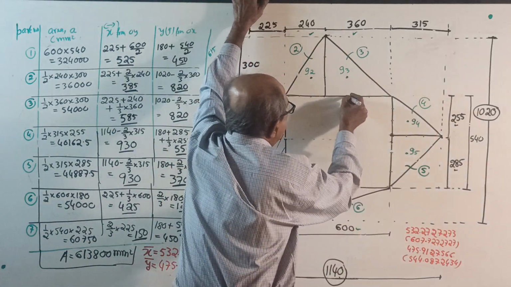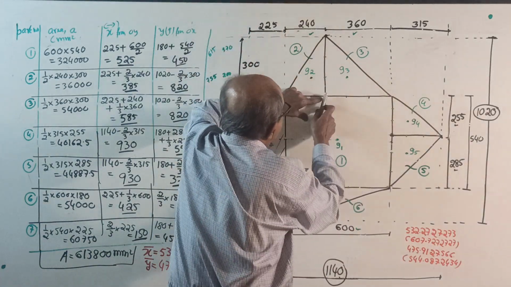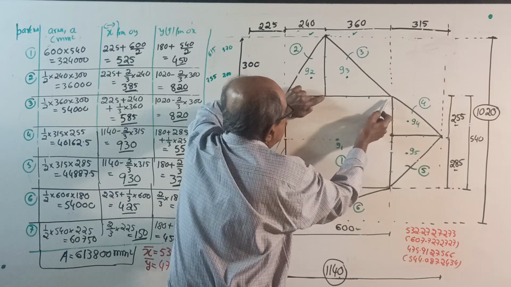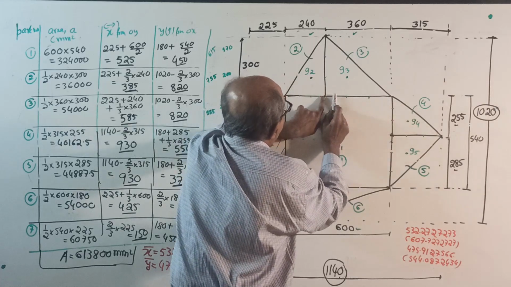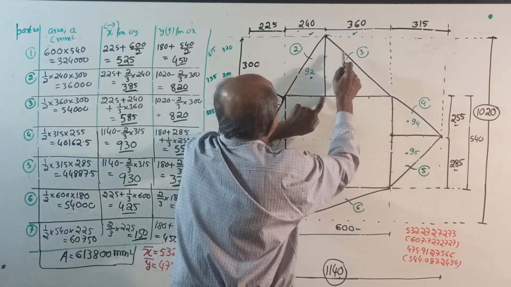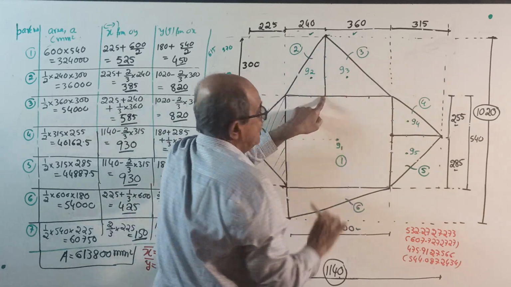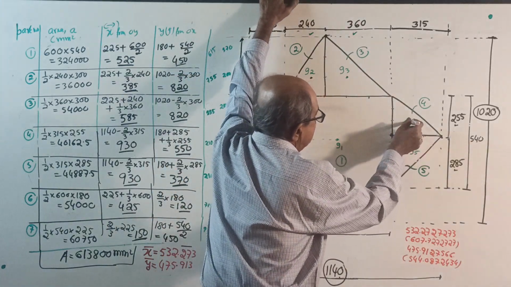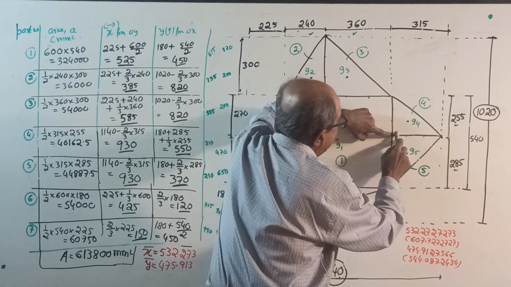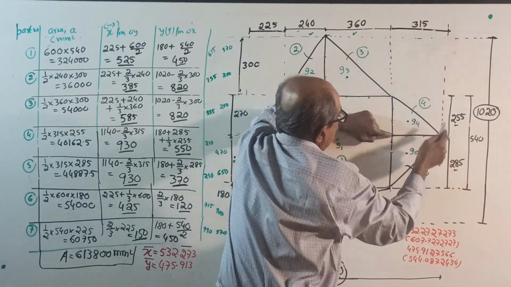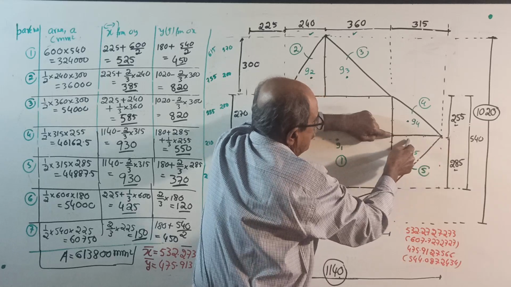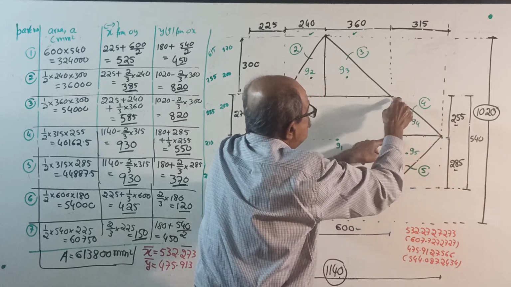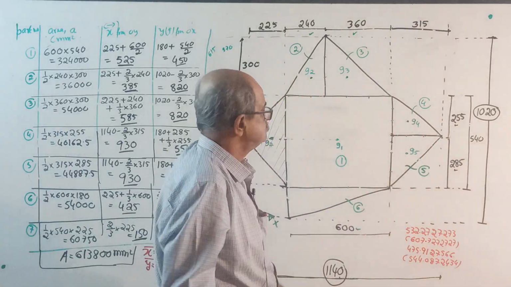G3, see here, divide into 3 parts. Now from here, 1/3 of 360, 2/3 of 360, 1/3 of 300, 2/3 of 300. Okay, here, G4. 1 by 3 of 315, 2 by 3 of 315, 1 by 3 of 255, 2 by 3 of 255.